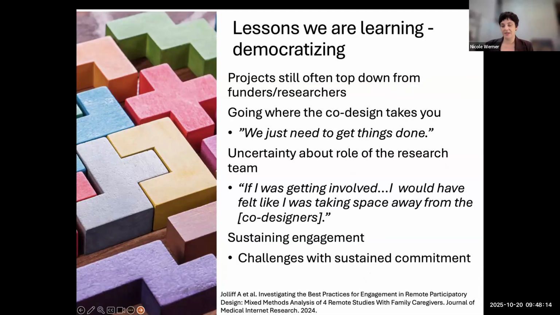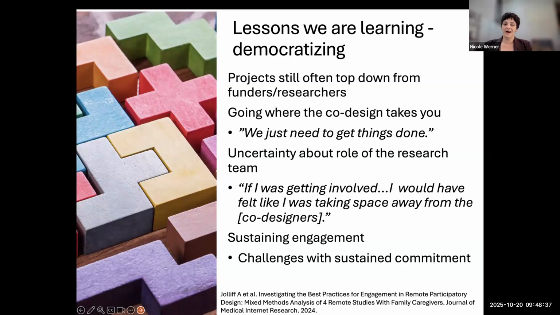And then there's this idea of going where the co-design takes you. I mentioned before the flexibility: I've written a grant and said we're going to do this thing, and then the co-designers say, we don't want to do that. Specifically the planner that you saw, they really want to just tell us how to get things done. We don't want your education. We don't want more training. Just tell us the steps we need to do to get it done and help us get it done.